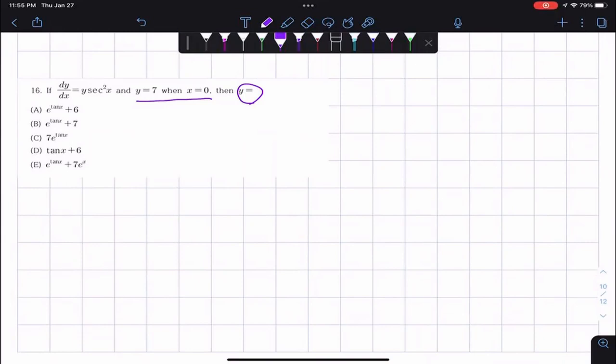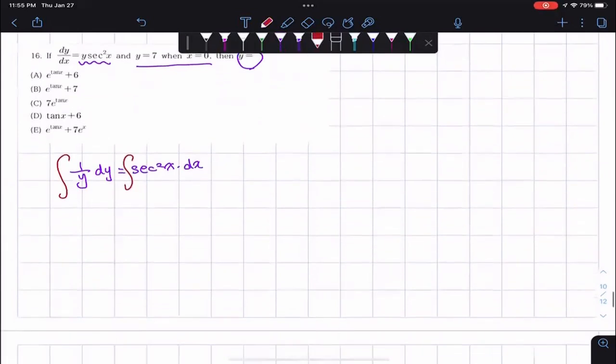To use the separable method, separate these variables respectively: 1/y dy = secant squared x dx.